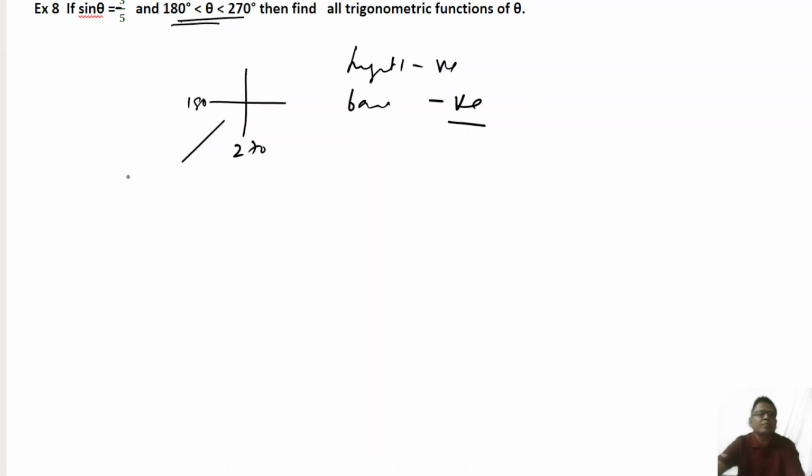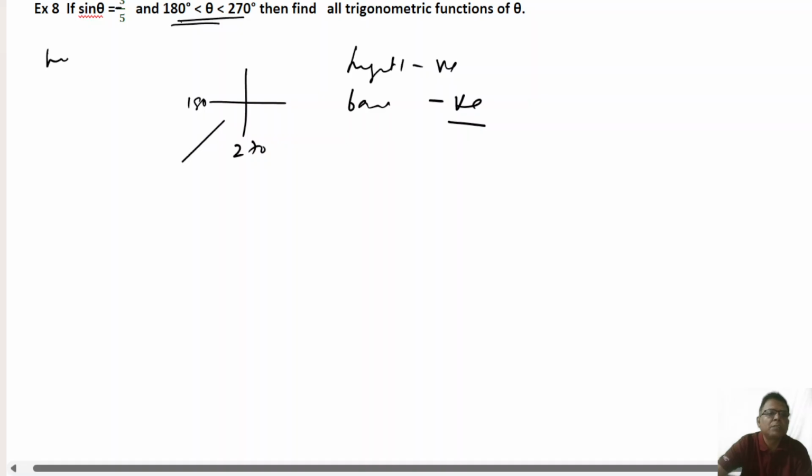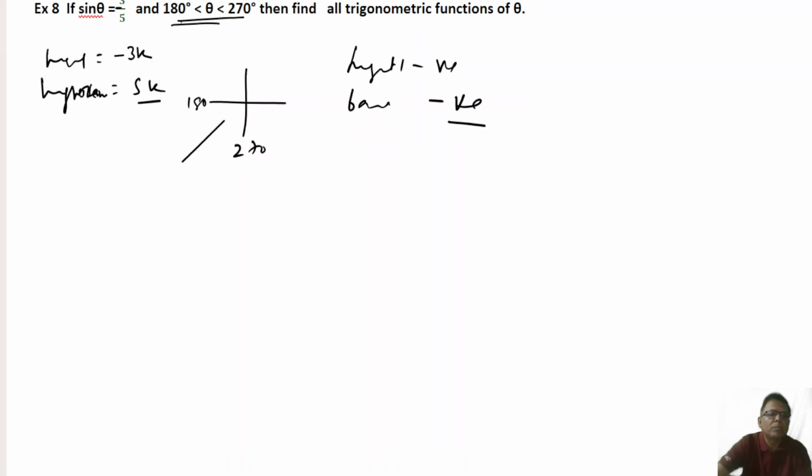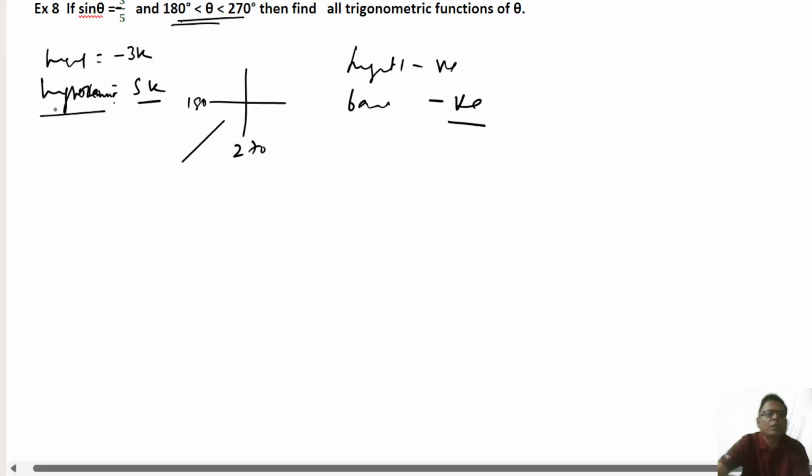So height is minus 3k and hypotenuse is 5k. The base will be minus 4k.